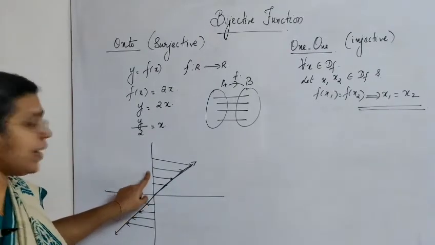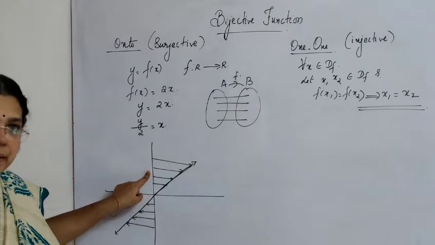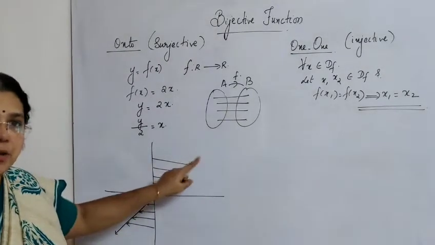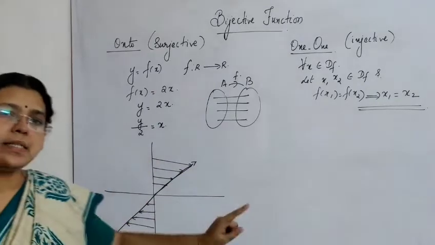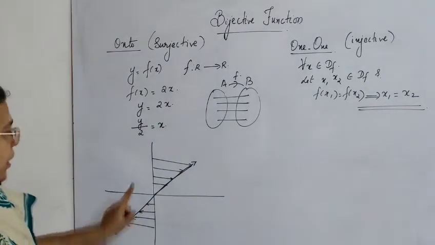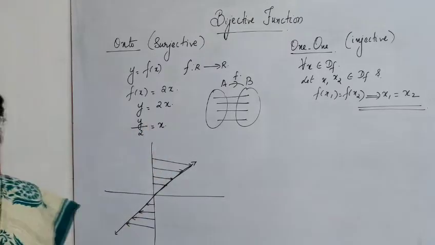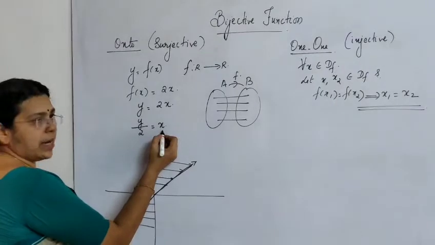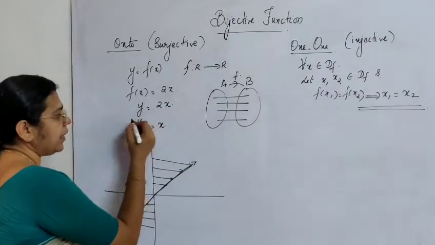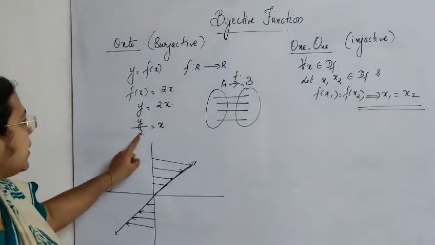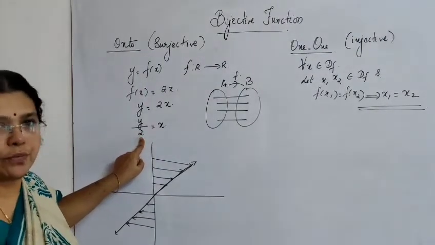For every value that you take here in the set of R, you can find an x value. For every y, there exists some x on this graph. If so, this function is said to be an onto function. Here, I can write x as an expression of y alone.